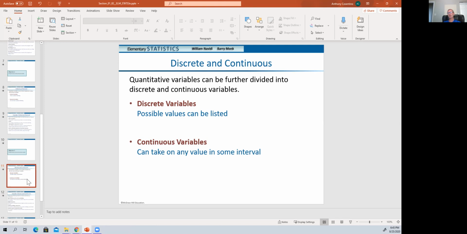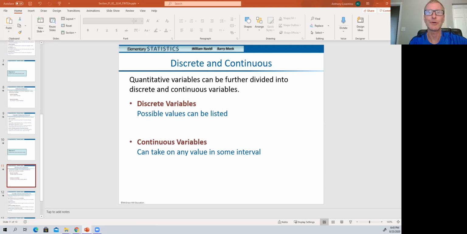So if you remember your algebra a little bit, and I'll just pull up the whiteboard here for a quick second. Why doesn't the whiteboard come up when I click that? I always have to do it twice.